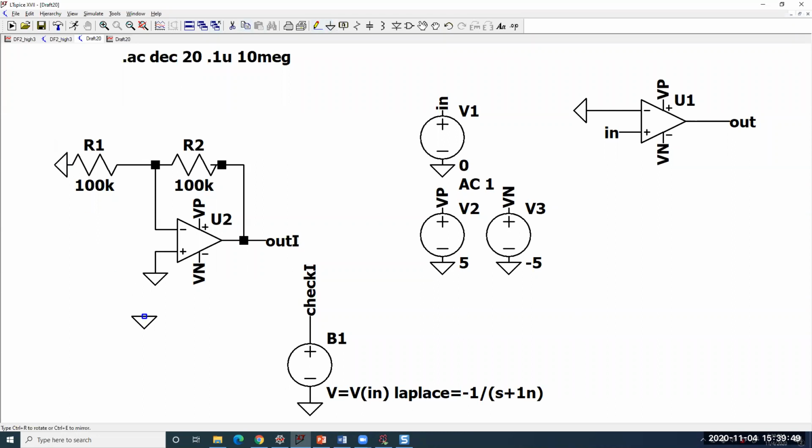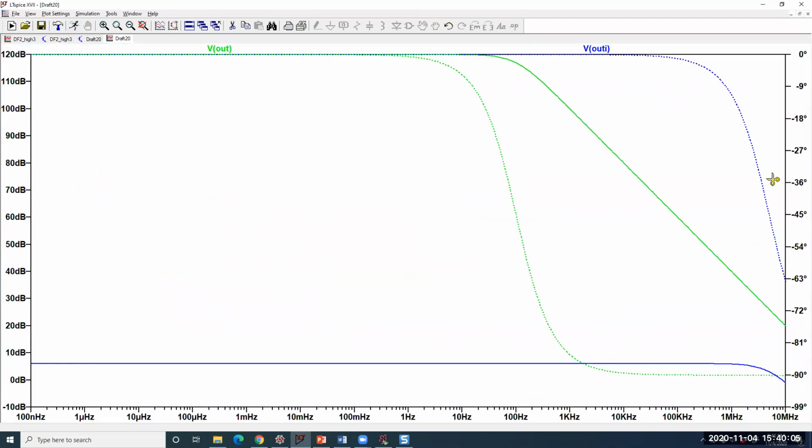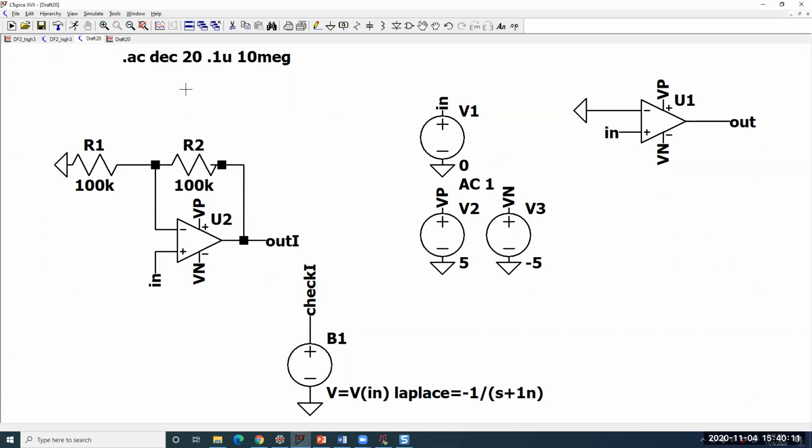But it works really well for non-inverting. So here, right, we should have a gain of 2. Something's not right.